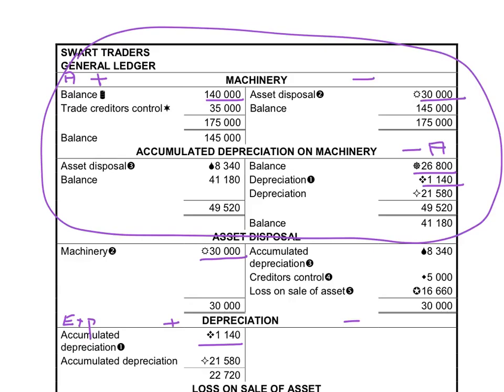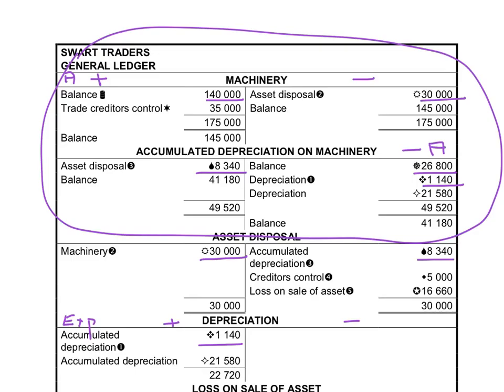Step 3, I must determine what is the total accumulated depreciation on the disposed asset from the purchase date until the date that this asset was damaged in the fire. I want to take it out of accumulated depreciation, so I will debit the account and I will credit my asset disposal account.